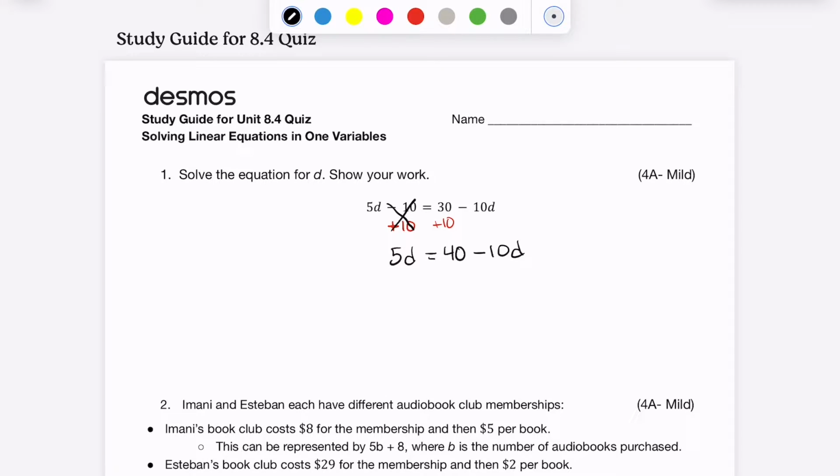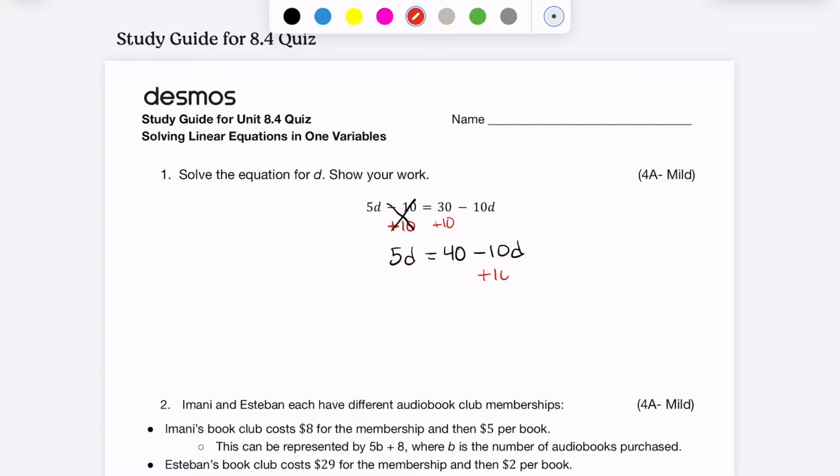Remember that plus 10, right, that's a normal number 10, just a constant. So we can only combine that with normal numbers, constants. We can't combine it with variable terms. Okay, now at this point, I only have a constant 40 on the right, but I have these variable terms 5d and minus 10d on both sides. So I'm going to pick the minus 10d to get rid of.